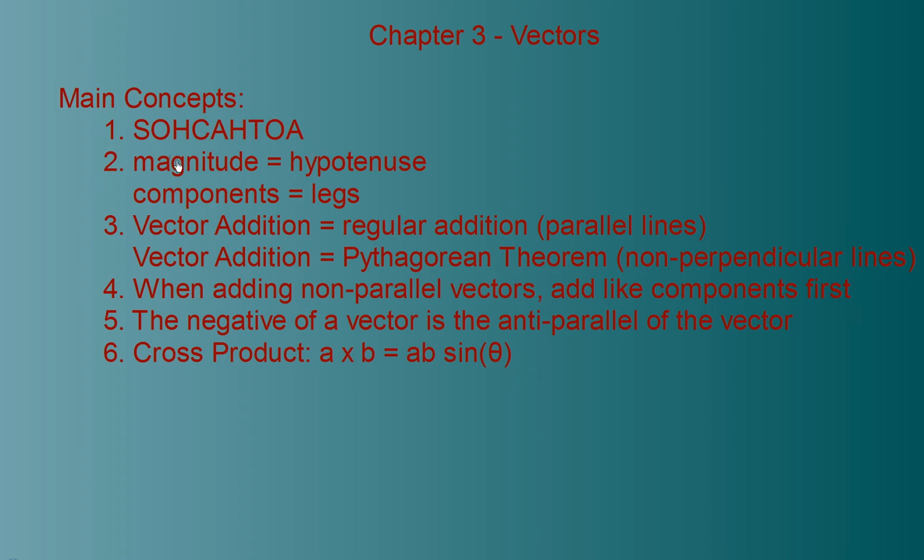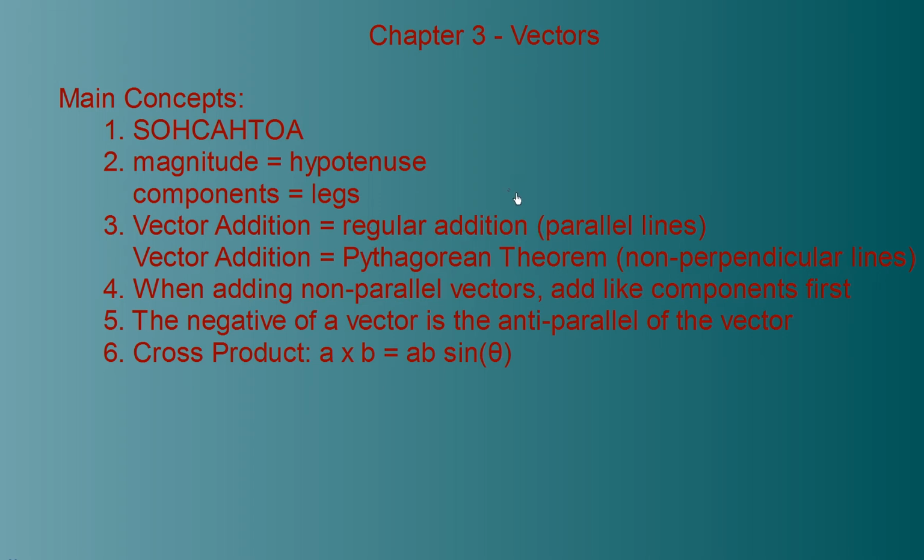The second one is that the hypotenuse of a right triangle is the magnitude of a vector, where the legs of the right triangle are the components of the vector. The third concept is that when vectors are parallel, you can add them like regular numbers.